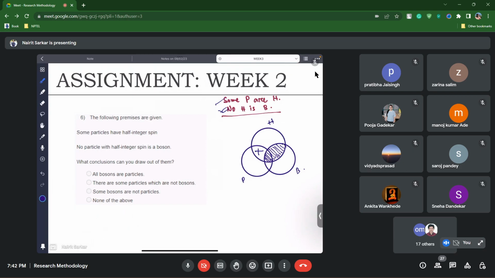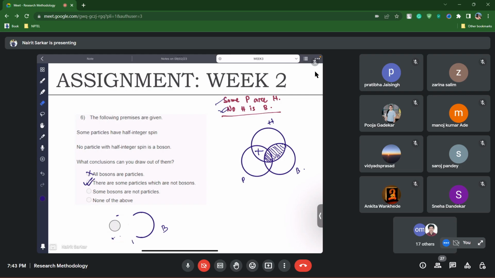Then if it is not valid, the second one, there are some particles which are not bosons. Is it valid? Yes, sir. Good.